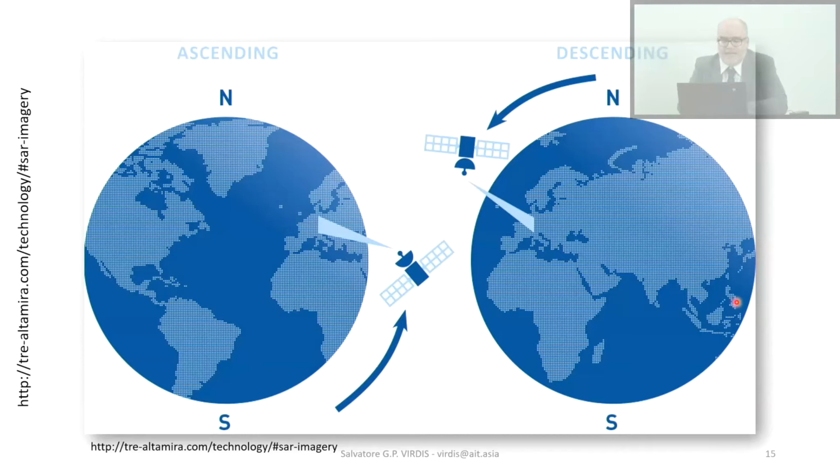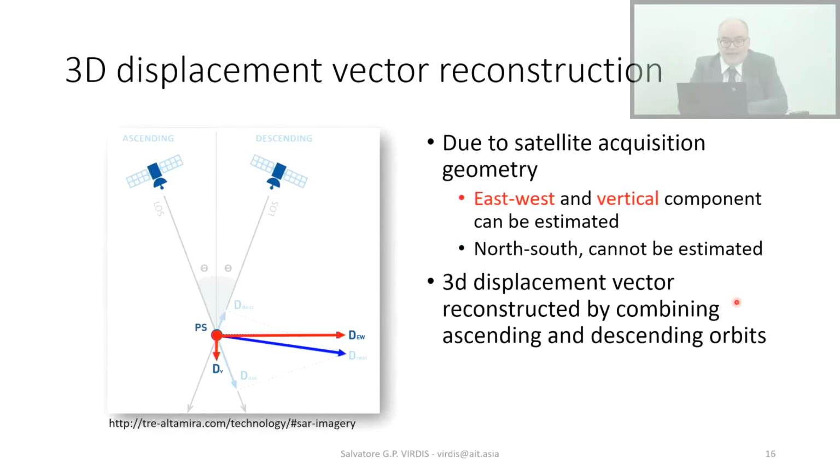And by combining images acquired with these two geometries, we are able to combine these two vectors, and we are able to highlight two possible directions: the east-west component of the 3D displacement and the vertical component. Due to the acquisition geometry, since the SAR systems are on quasi-polar orbits, InSAR systems are not sensitive to the north-south direction.